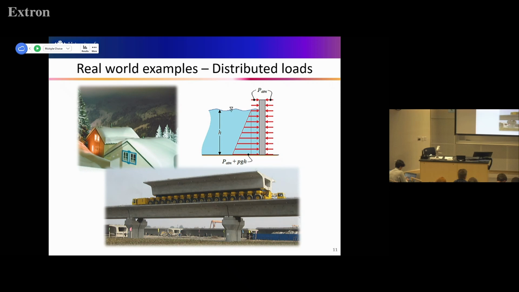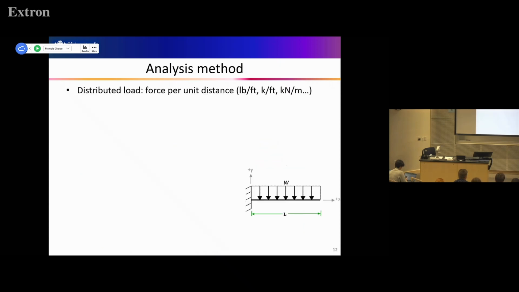For cases like snow load, hydrostatic pressure, or a long vehicle or railway, we must use distributed load, so that's why it's important in engineering problems. In that case, we will simplify, calculate the resultant, and then solve the moment equilibrium equation. How can we do that?